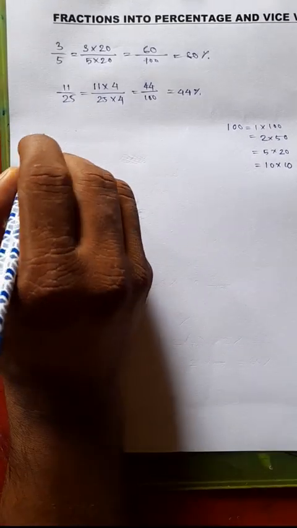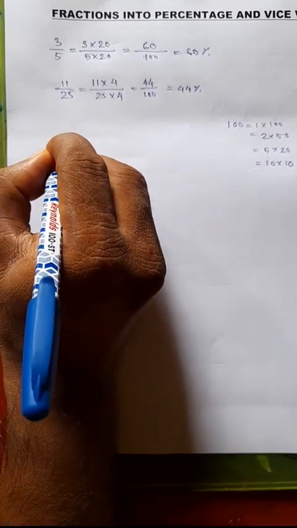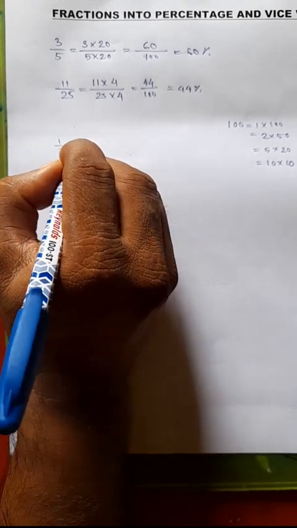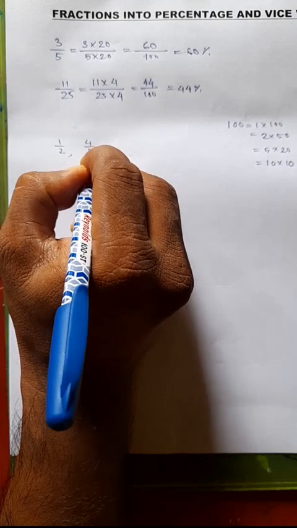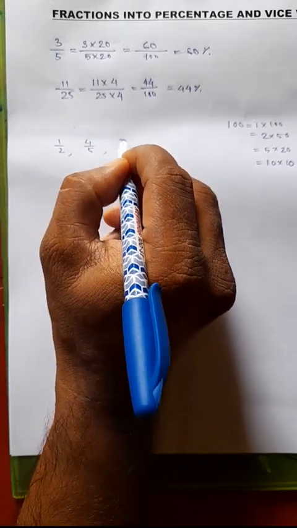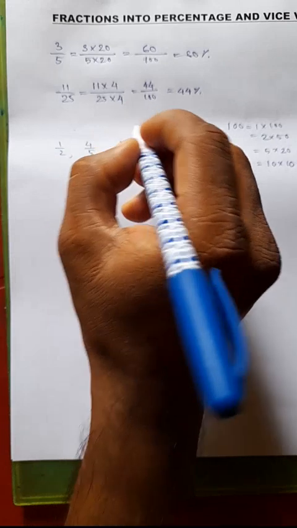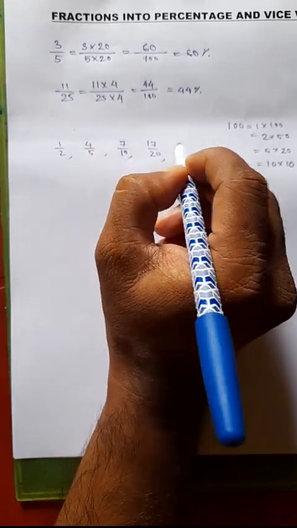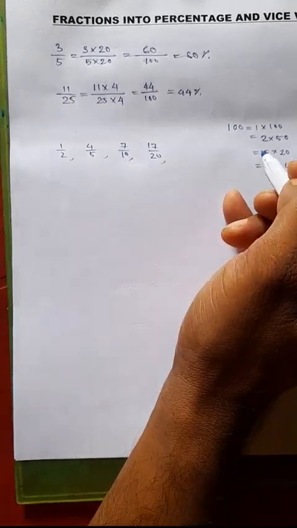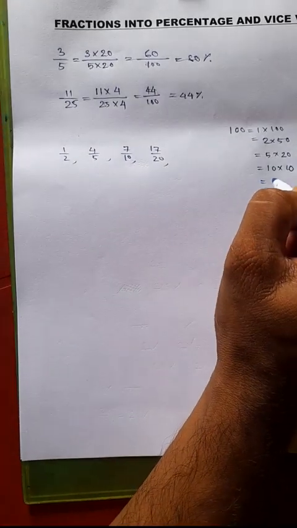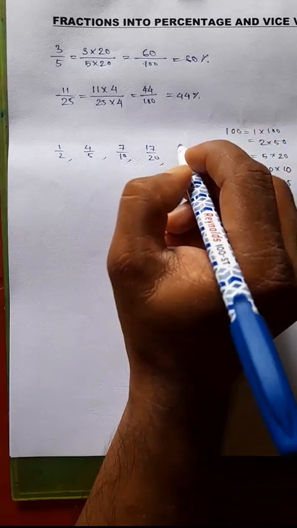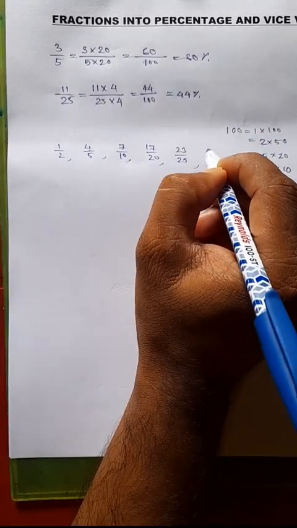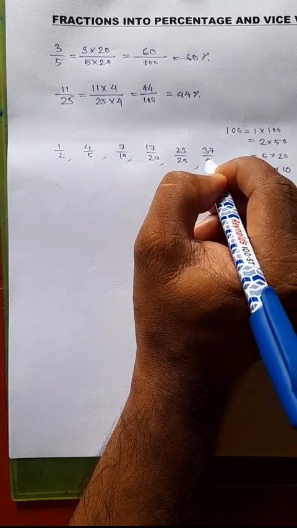Now when you are given fractions like 1 by 2, then 4 by 5, then 7 by 10, then suppose 17 by 20, and 4 into 25 is 100, say 23 by 25, or 37 by 50.